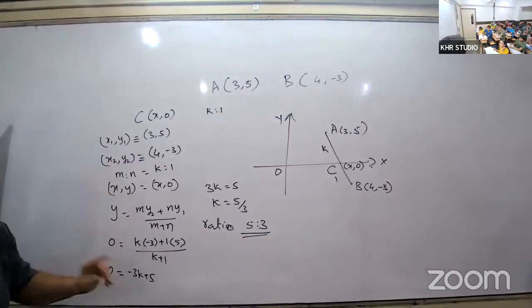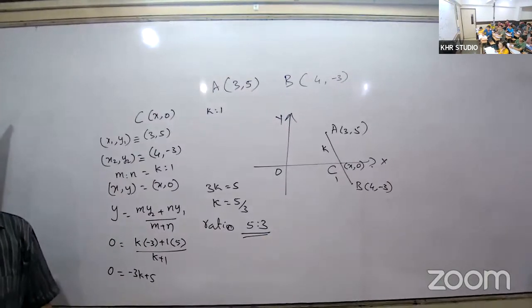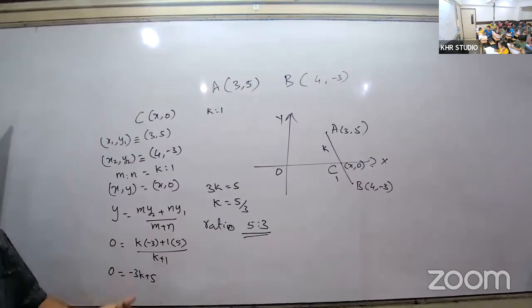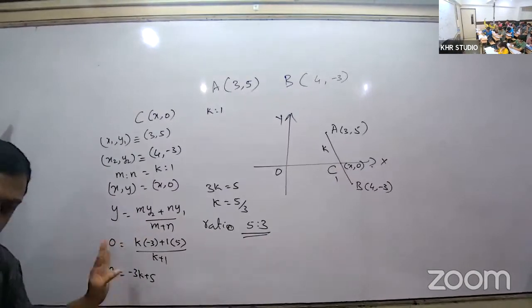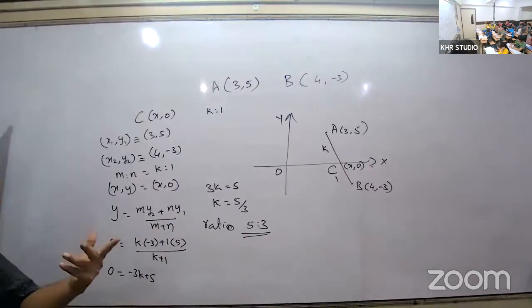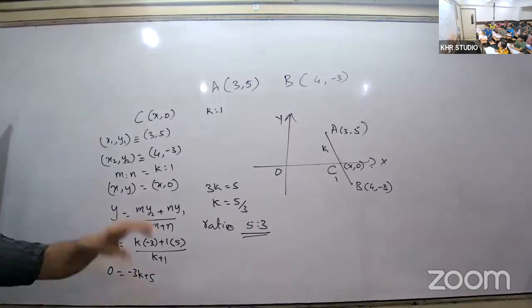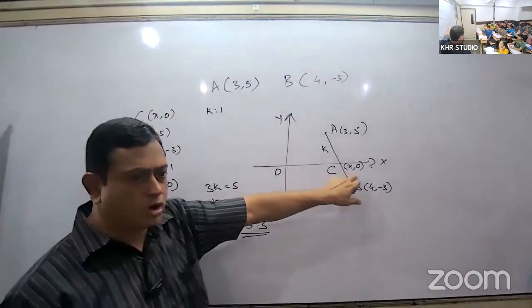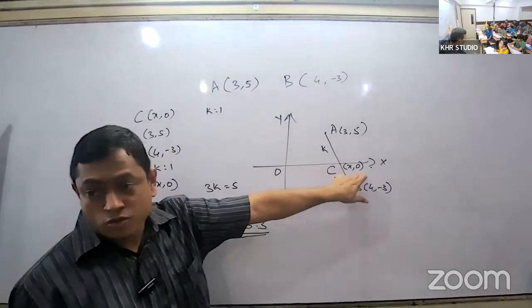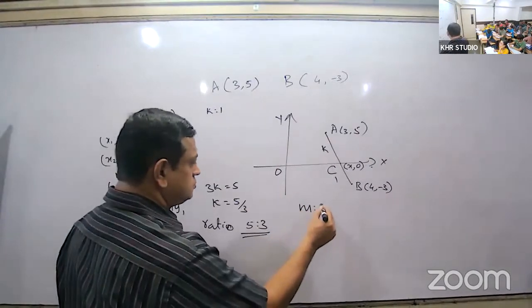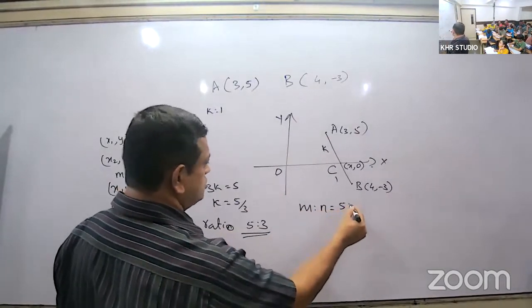Check the steps. k is 5 by 3, k is to 1, that is 5 by 3 is to 1, which means 5 is to 3. Now, is it over? No. What else do you have to find out? Point of division. Point of division means coordinate of C. We have the y value. We need to find the x value. So write what m is to n is. 5 is to 3.